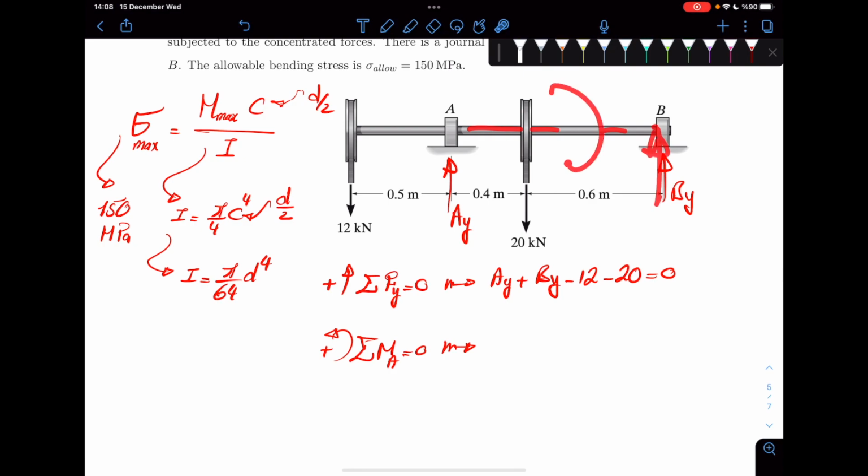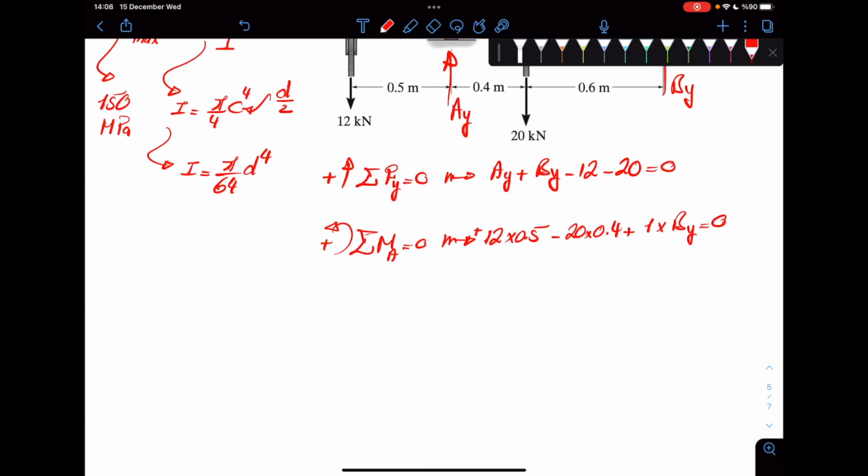So you have 12 times 0.5 minus 20 times 0.4 plus BY times 1 is 0.